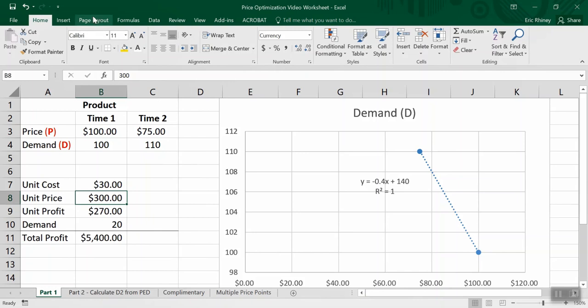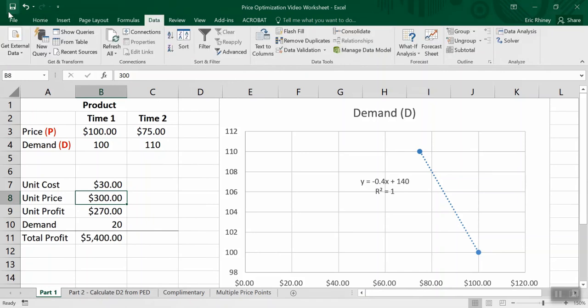All right, so we'll go in here. It's under Data up here in the tab window, and you'll see over here that we have Solver underneath Analyze. If you don't have this, it's very easy. It's one of the add-ins available in Excel.